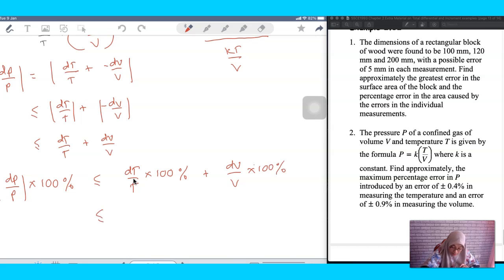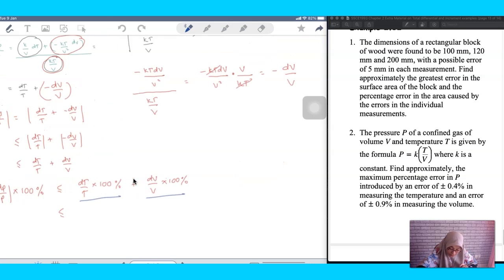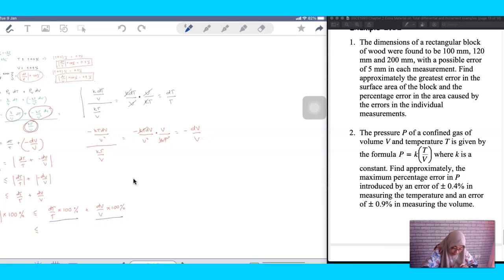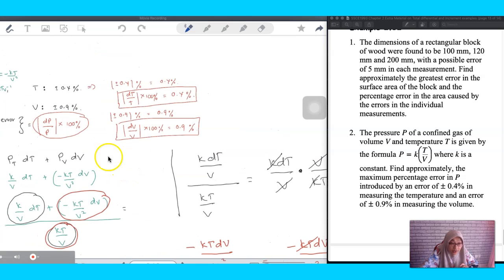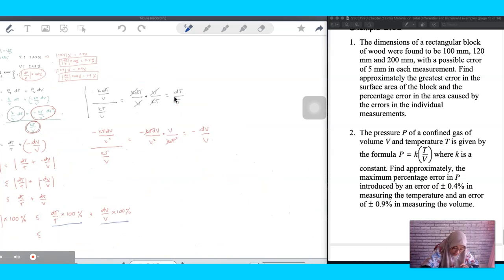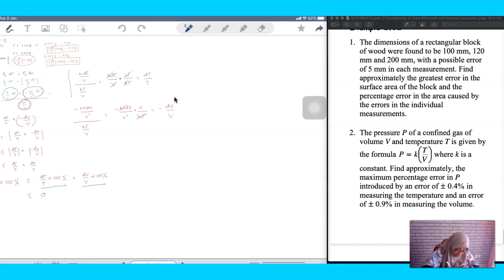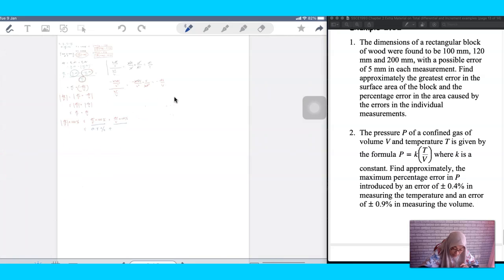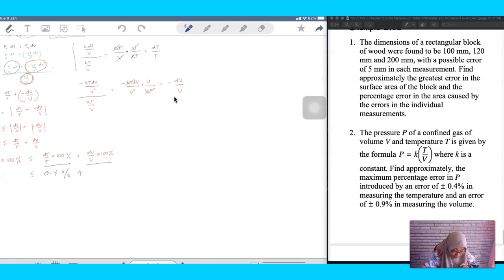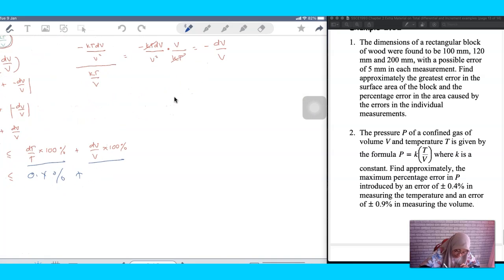So can you have this value and also this value? Yes, you can. Where dt over t multiplied by 100% is 0.4%, plus dv over v is 0.9%.